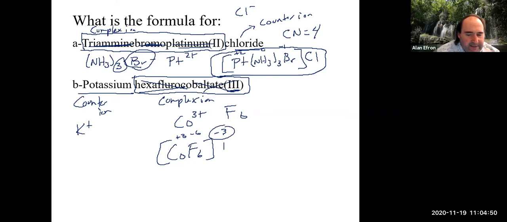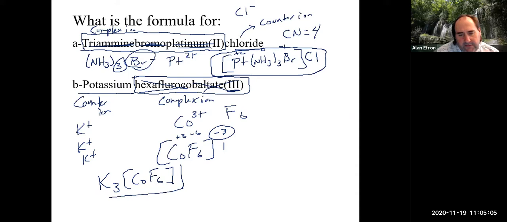And that's important because that tells us we need not one of these K pluses, but we actually need 3 of the K pluses to balance it out. And that gets us to K3CoF6. This being coordination number of 6 for each of the fluorides there. Any questions on that formula there?